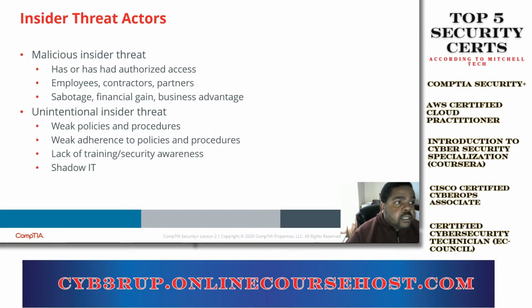I touched on the insider threat actor a little bit, but this is pretty much an employee of the organization that decided to go rogue, decided, for whatever reason, that the private side of the company needs to be public, right?